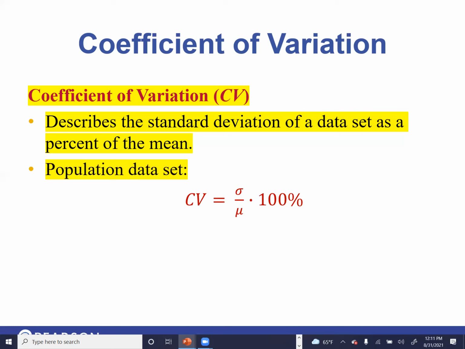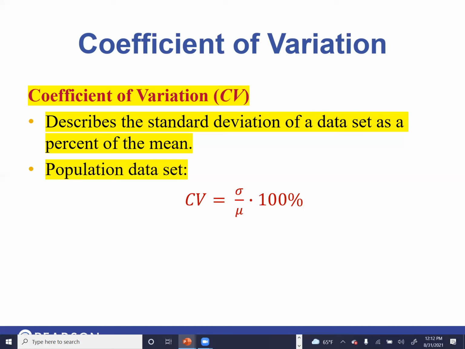For a population, CV is equal to that sigma over there, the Greek letter that means standard deviation, divided by mu. Anybody know what that letter is in Greek? Not sigma.